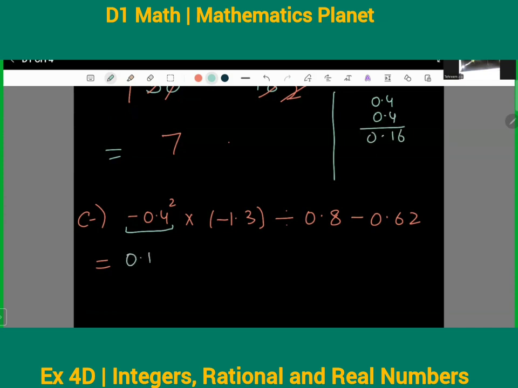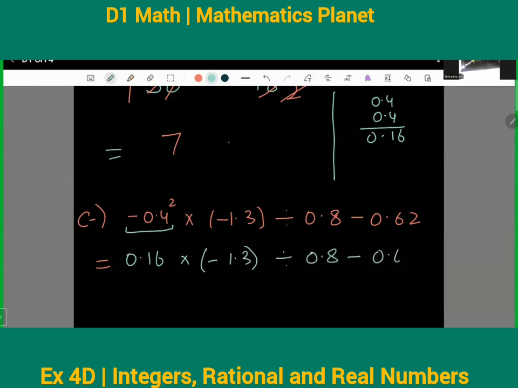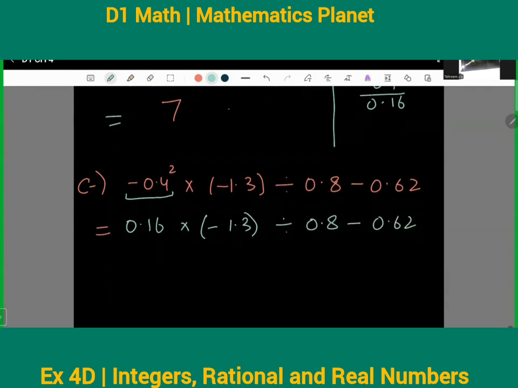So we have 0.16 multiplied by minus 1.3 divided by 0.8 minus 0.62. Here, first of all, we need to follow the rule. 0.16 multiplied by minus 1.3 divided by 0.8 minus 0.62.